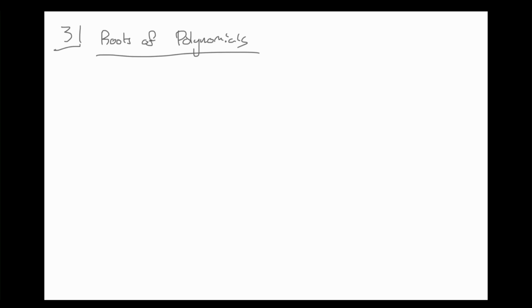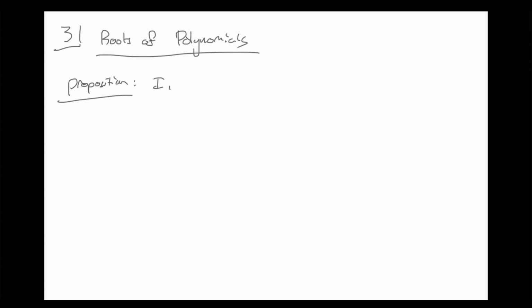Okay, so the last result that I want to talk about here is roots of polynomials. This is more of a cute application, but we can prove a weaker version of the fundamental theorem of algebra by use of Rolle's theorem or the mean value theorem.